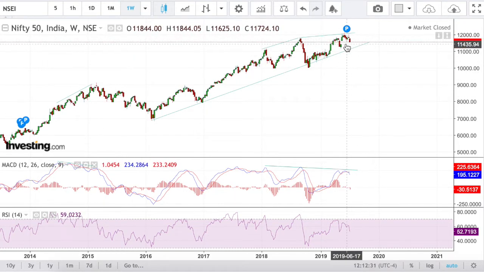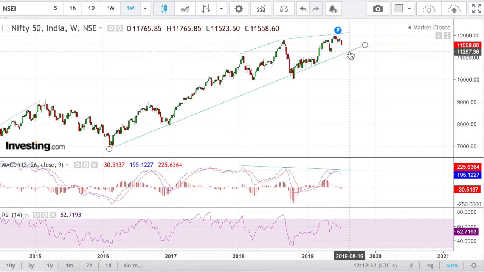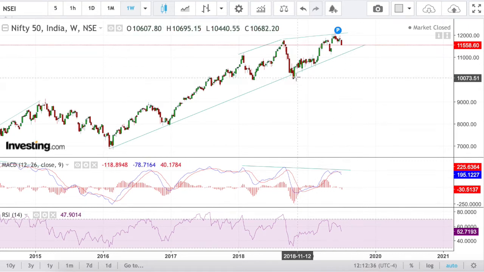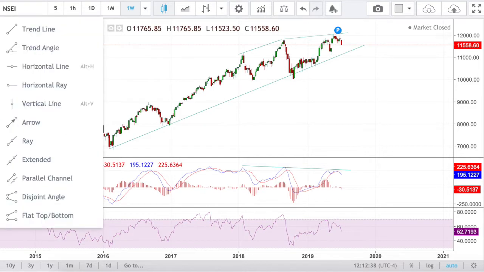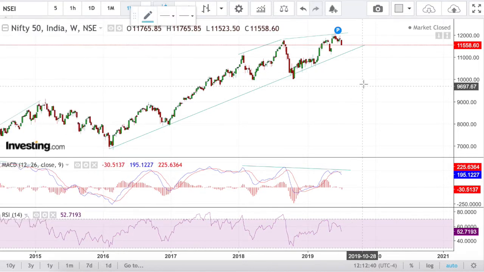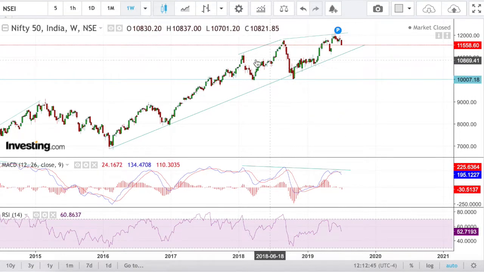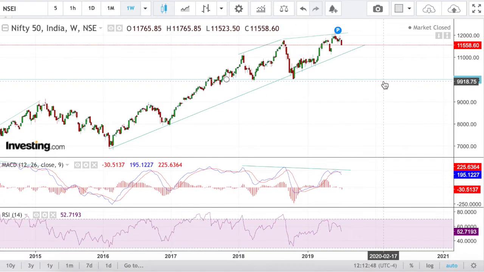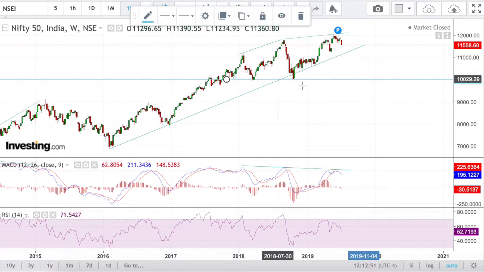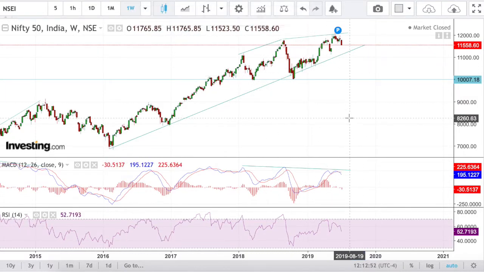We may start to break this trend line and revisit the lows we made in the end of 2018 right here. So that is the level that I'm looking for, a revisit of this level, and that's at least the level that I'm looking for correction at.